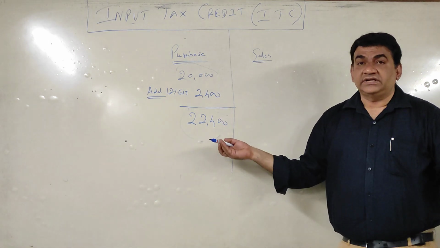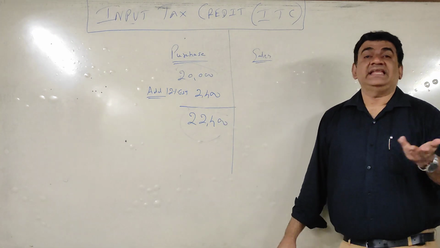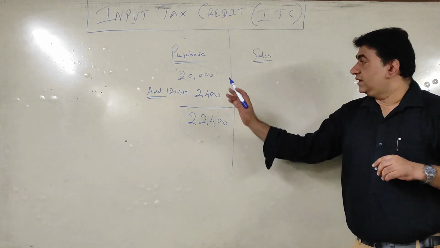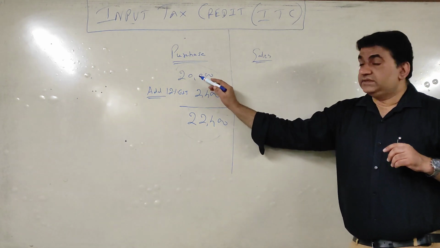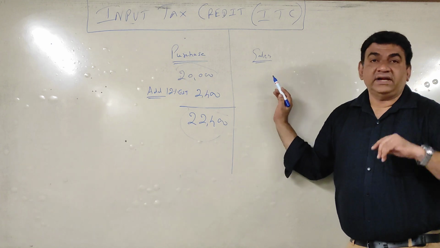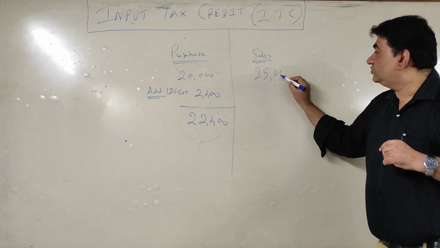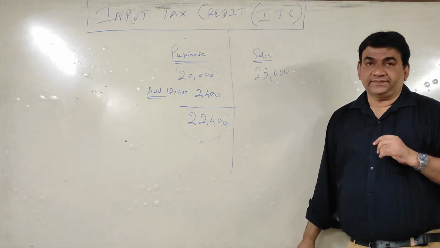Because he is not registered, he will not open a GST account, nor can he collect GST while selling. Coming back to the example, this 20,000 worth of goods, obviously he is doing business, so he will add the profit and sell. Let's take an example. He decides to sell this at 25,000.